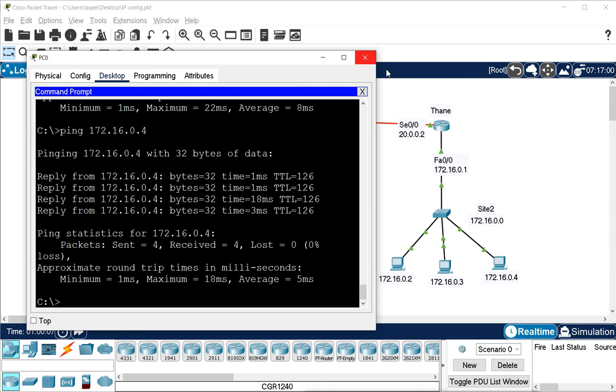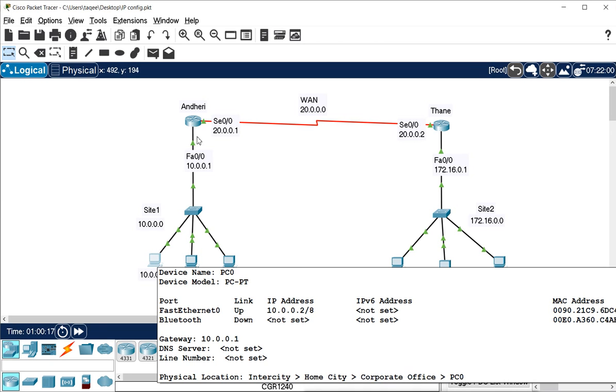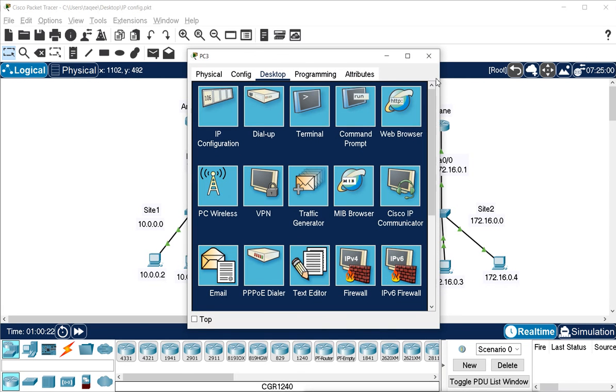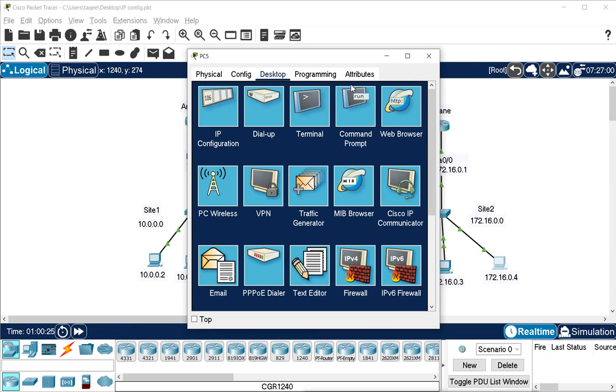So we are getting the reply from here to here. That means we can also get the reply from here to here. When we do the ping, it is two-way communication. We send the packet and then we receive the reply. That means if I check the connectivity from here, I can also get the reply. That is what we were not getting previously.